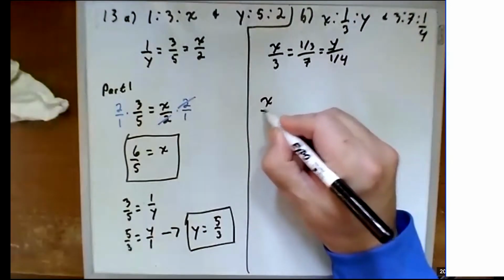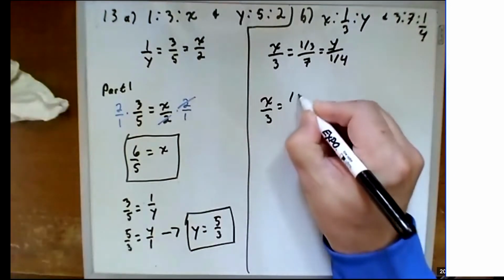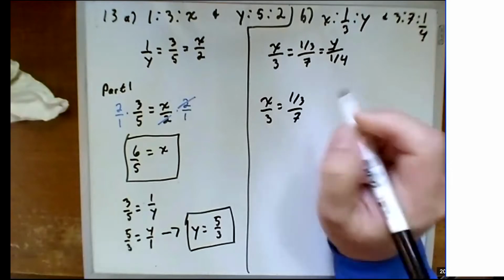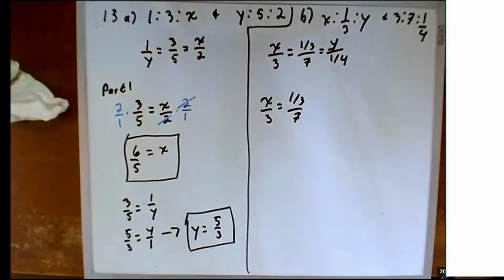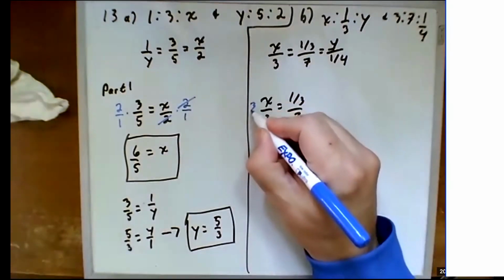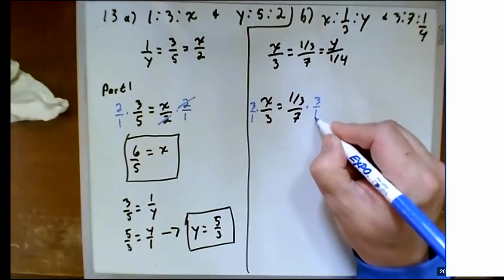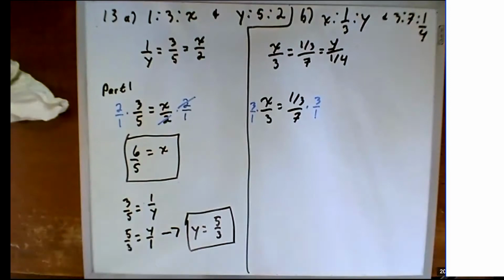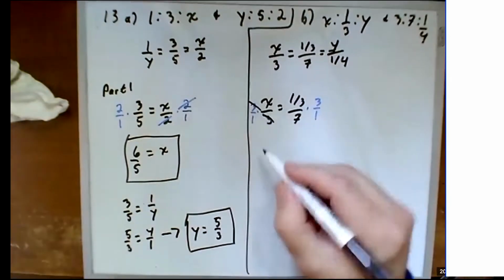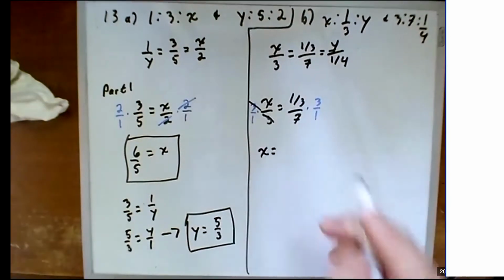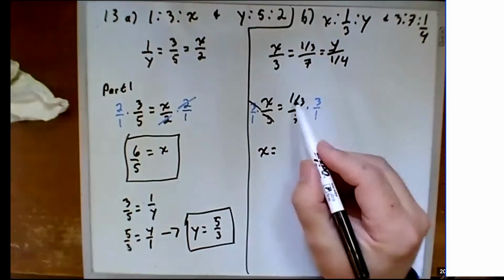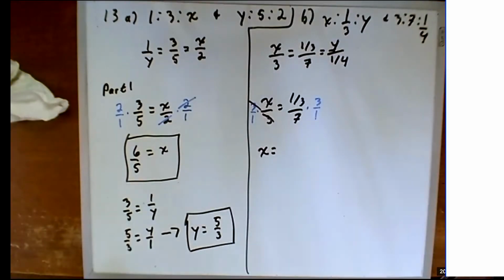So x over 3 equal to 1/3 over 7. In order to get x on its own, I need to multiply it by 3. So I'll go with that 3 over 1 on this side, and I'll do it again over here. When I do that, the 3's cancel on this side, leaving me with just x. On this side, I get 1/3 times 3. Now that's quite fortunate.